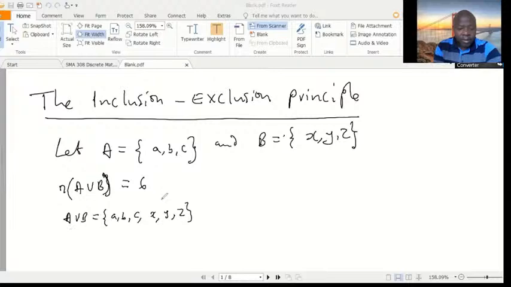Now, what does the Inclusion-Exclusion Principle say?